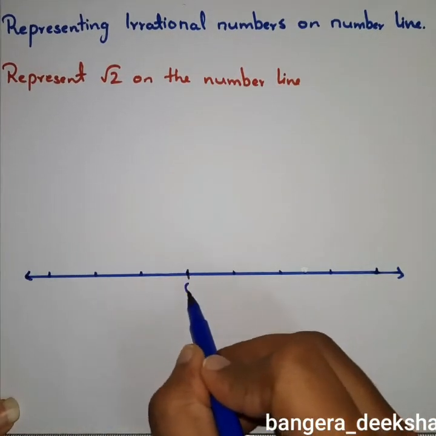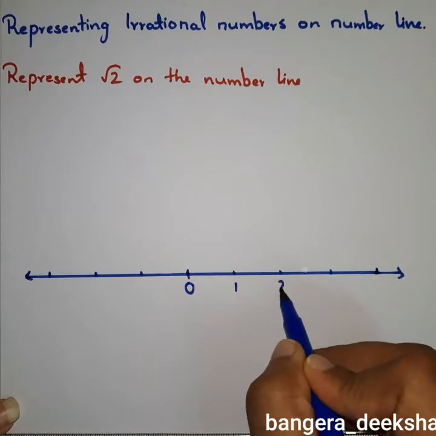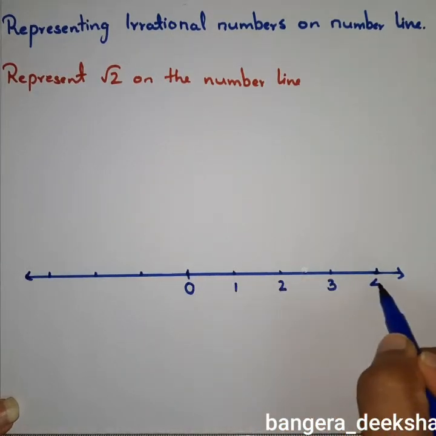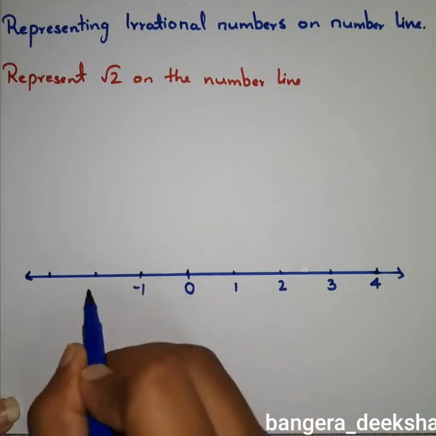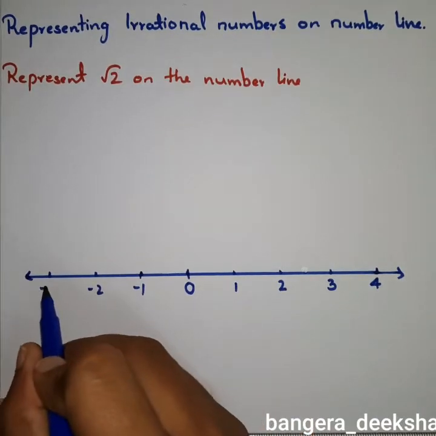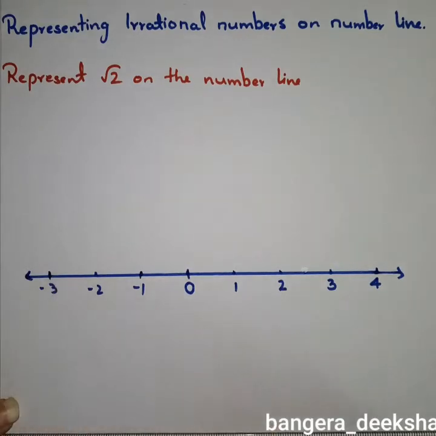Let us say this is 0, this is 1, 2, 3, 4. Similarly, on the opposite side of the number line, minus 1, minus 2, minus 3.